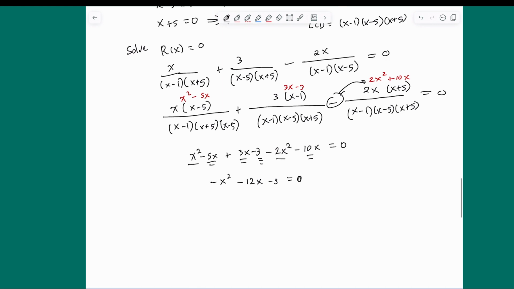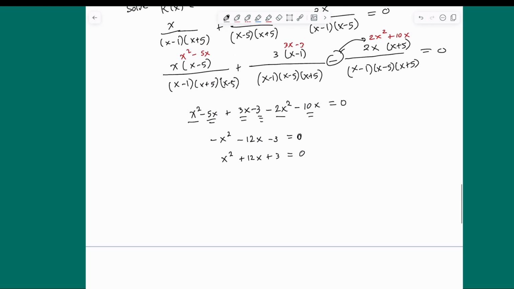All right, I like to have a positive coefficient here, so I'm going to multiply through by negative 1 to rewrite this as x squared plus 12x plus 3. And this quadratic expression cannot be factored over the integers or whole numbers, and so we are going to go ahead and use the quadratic formula.